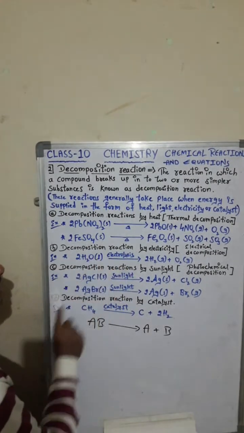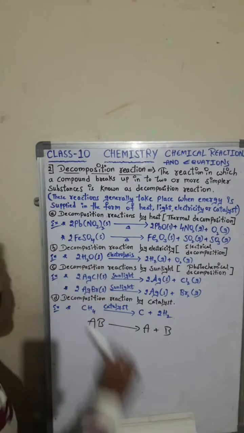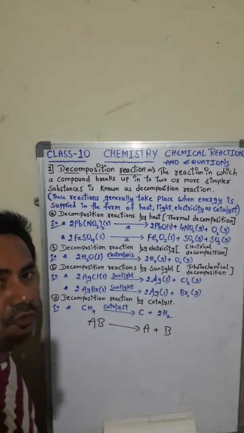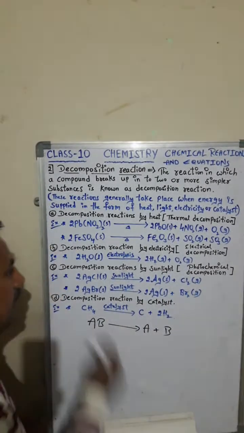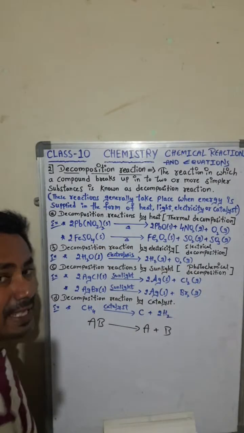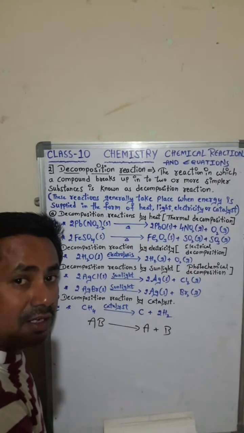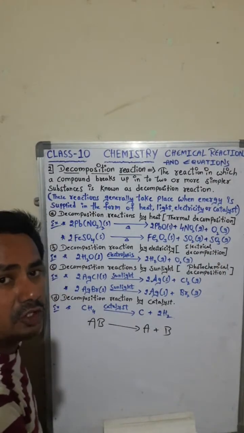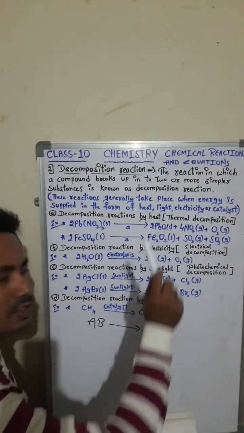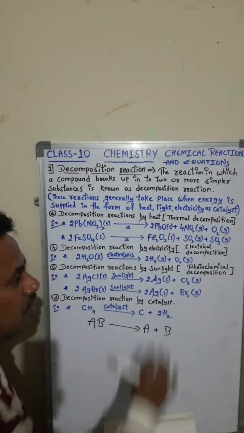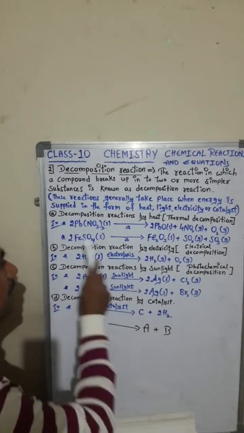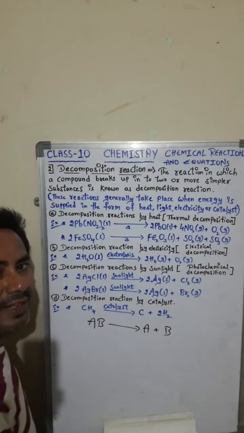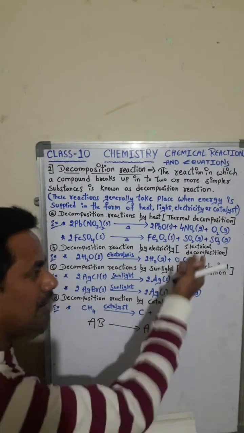It is a solid substance. When we heat it, ferric oxide, Fe2O3, will form, plus SO2 gas, sulfur dioxide, is released, and SO3 gas, sulfur trioxide, is also released. Ferric oxide, sulfur dioxide, sulfur trioxide. From where did we get these? By heating ferrous sulfate.